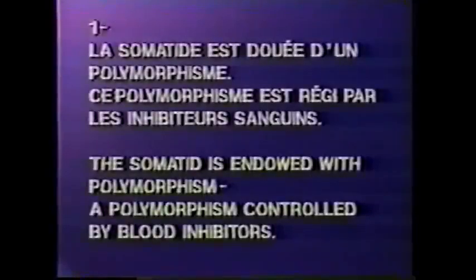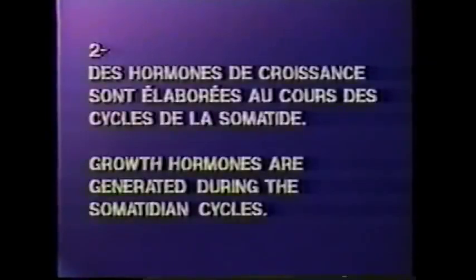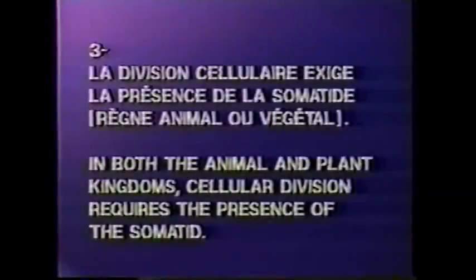1. The somatid is endowed with polymorphism, a polymorphism controlled by blood inhibitors. 2. Growth hormones are generated during the somatidian cycle. 3.